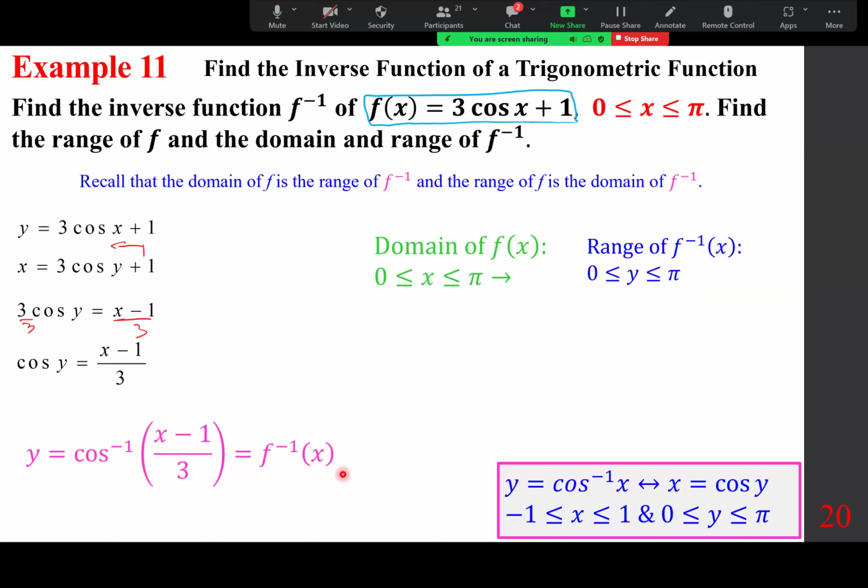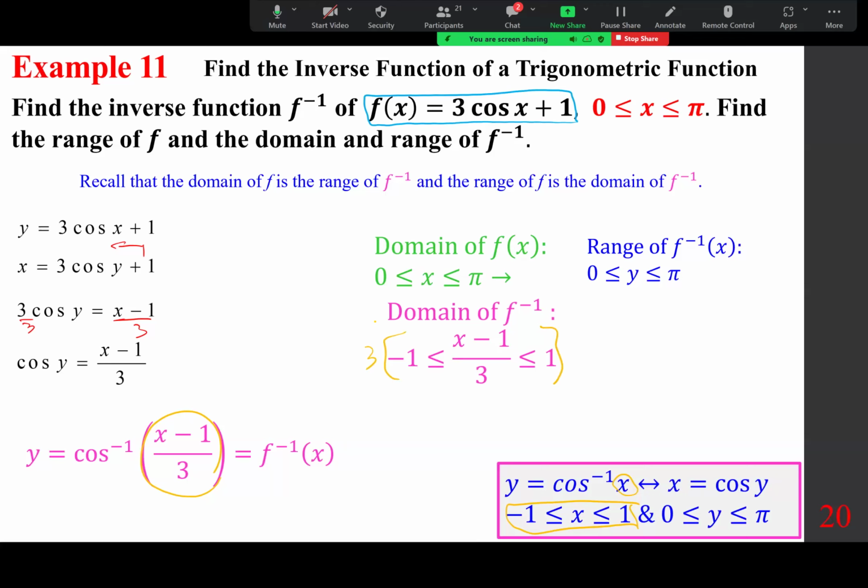When we go back to this expression, cosine inverse of x is between these two numbers. So therefore, this must be between those two numbers. (x minus 1) over 3 must be between those numbers. And so let's multiply both sides by 3 to get rid of the denominator.